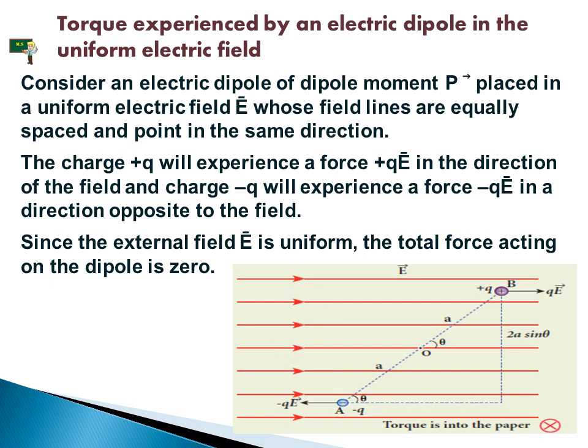The charge plus q will experience a force plus qE vector in the direction of the field, and the charge minus q will experience a force minus qE in the opposite direction. That's why I told here it's minus q and here it's plus q. Since the external field E is uniform, the total force acting on the dipole will become 0.